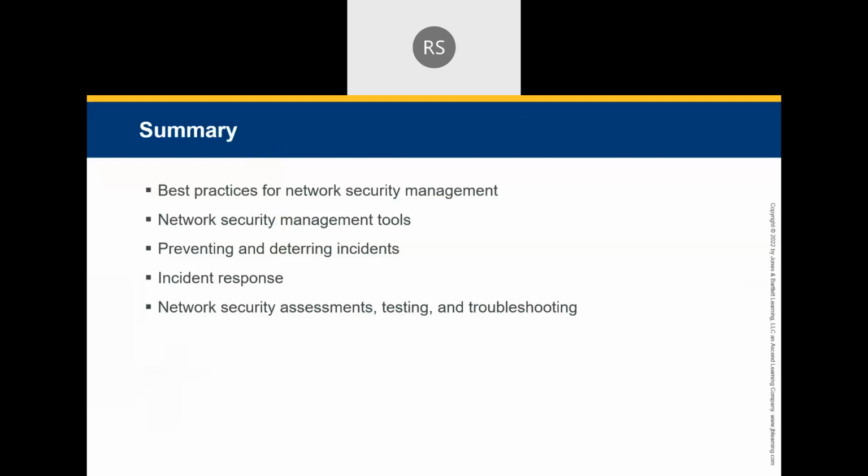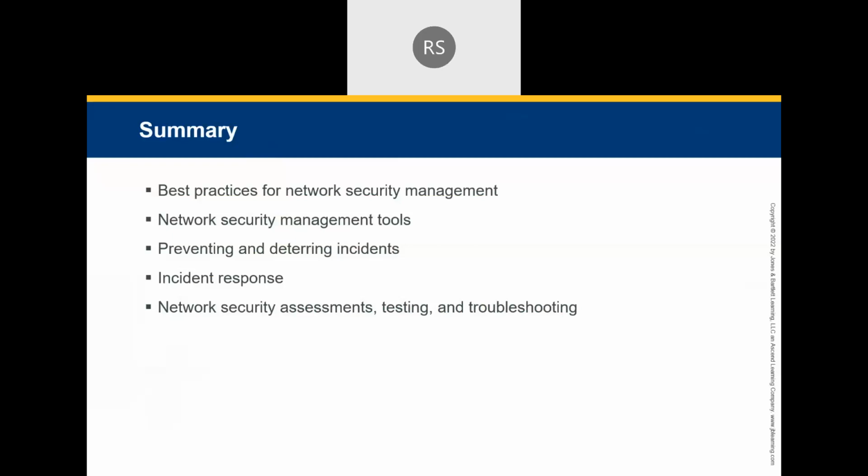Another topic covered in this chapter was preventing and deterring incidents, and how it requires limiting network access, implementing encryption, employing physical security measures, and utilizing techniques such as honeypots and honey nets. We've also talked about incident response.